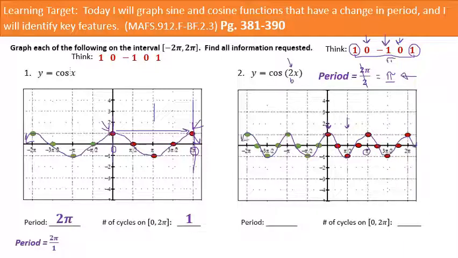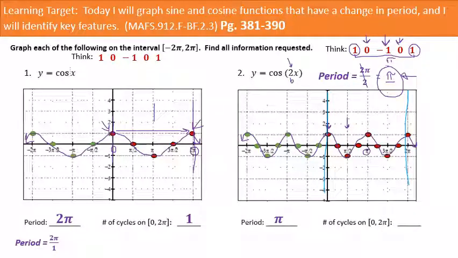Now what's our period? Well, we already did that. The period was pi. Now here's the next question. How many cycles do we see between 0 and 2 pi? All right, let's use a blue one. So here's 0, here's 2 pi.